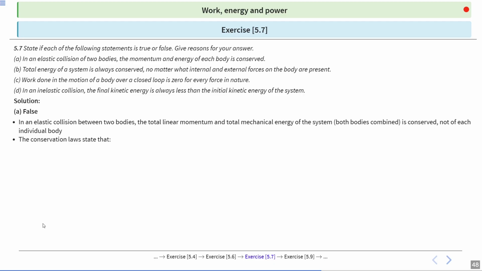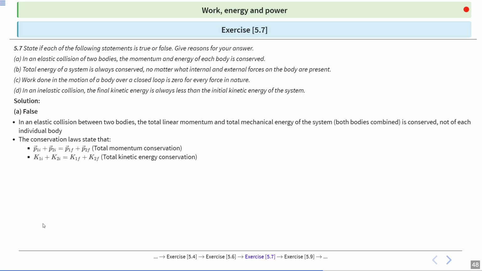The conservation law states that the linear momentum before collision of the particles is equal to the linear momentum after collision. Both are equal. This is according to the conservation of momentum. According to conservation of kinetic energy, the kinetic energy of the system before collision is equal to the kinetic energy of the system after collision.